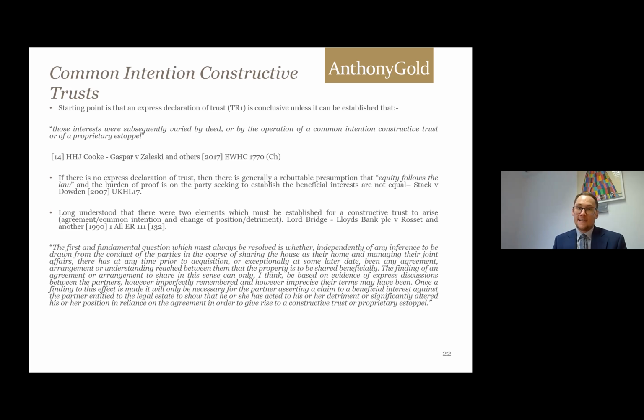Is there some other deed that was executed by the parties? If there is such a document in place, or the boxes were ticked, or some kind of trust, then that is generally conclusive, unless, and there's a quote there from the judgment in Gaspar and Zaleski, those interests were subsequently varied by deed or by the operation of a common intention constructive trust or of a proprietary estoppel.